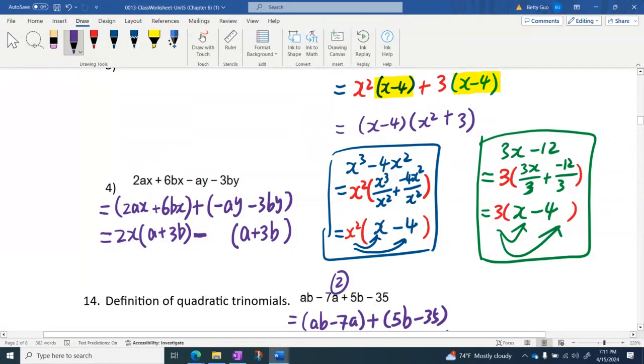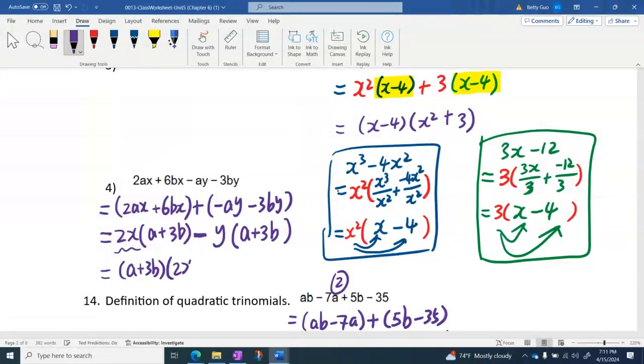So obviously, we need to factor out negative y to reach that goal. Double check, negative y times a, negative ay, negative y times 3b, negative 3by. And they do have the same binomial factor, a plus 3b. So we factor out a plus 3b. From the first group, we have 2x left. And from the second group, we have negative y left.